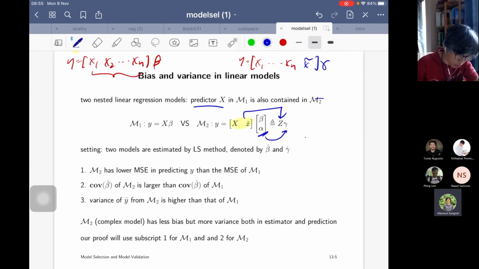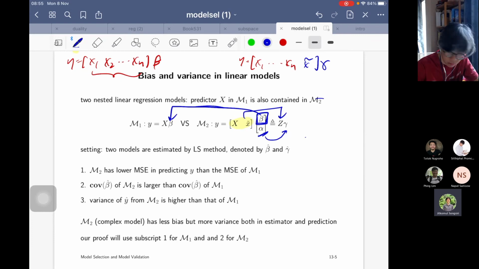But keep in mind that the first portion of gamma has the same meaning as beta in model 1. So we would like to compare these two models in three following aspects.